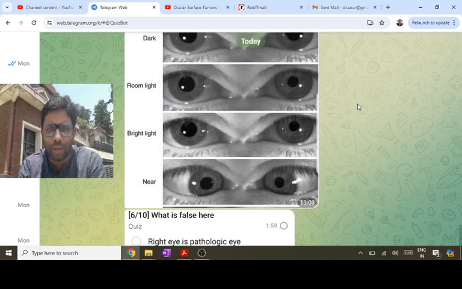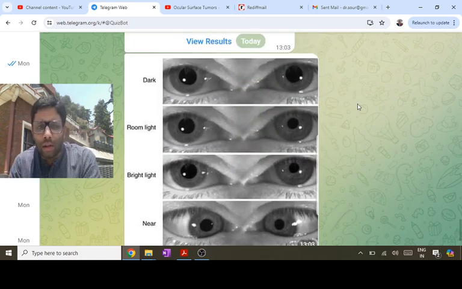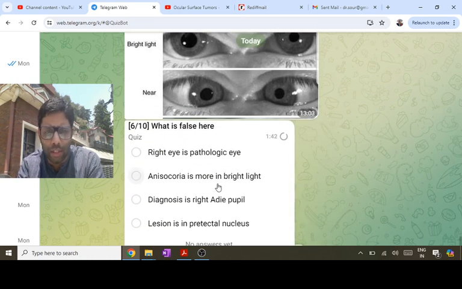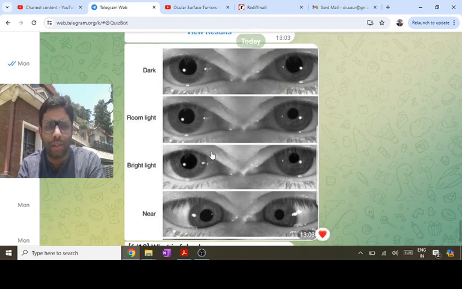Now which is false over here, see very carefully. What happens in dark, room light and bright light? In bright light, one pupil is constricting but the other is not constricting. Means anisocoria is more in bright light. See the question, anisocoria more in bright light is correct. The right eye is the pathological eye because it is not constricting with light.